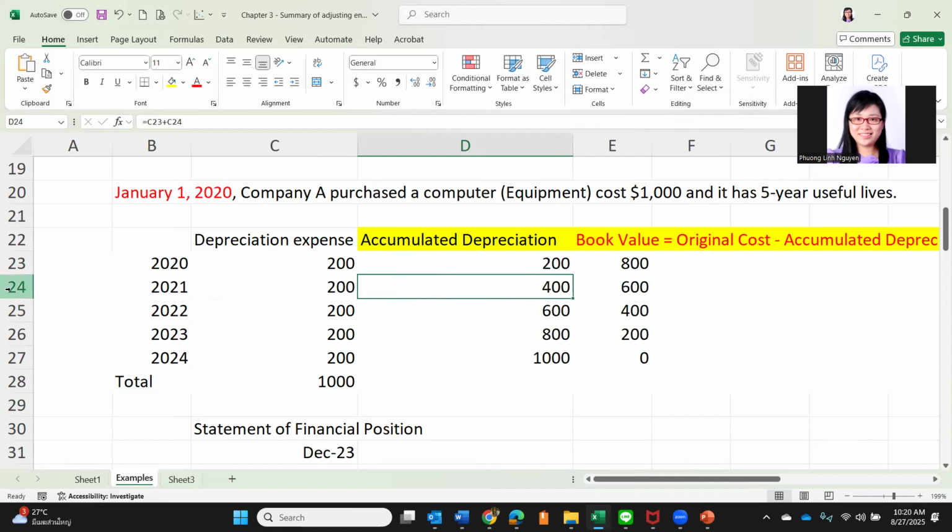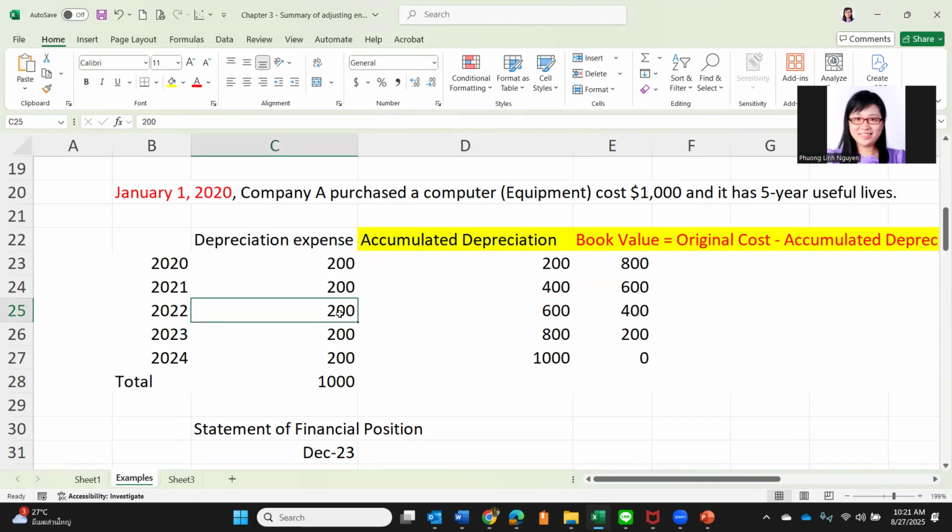So at the end of year two, we already depreciated 400. This is called accumulated depreciation, adding up. And how about book value? The book value will be equal to the original cost, which is 1,000, minus accumulated depreciation at the end of year two, which is 400. So book value will be 600.